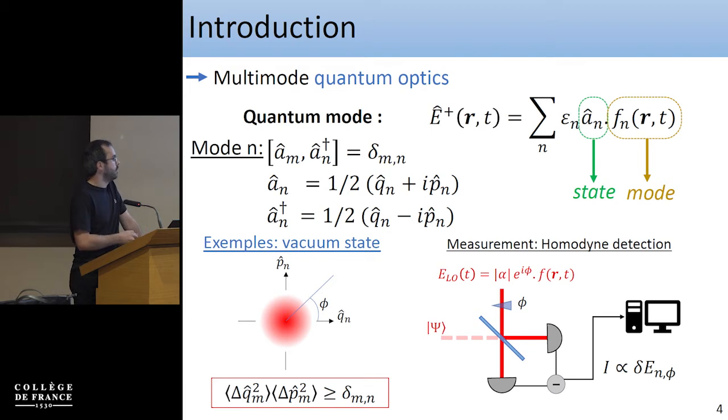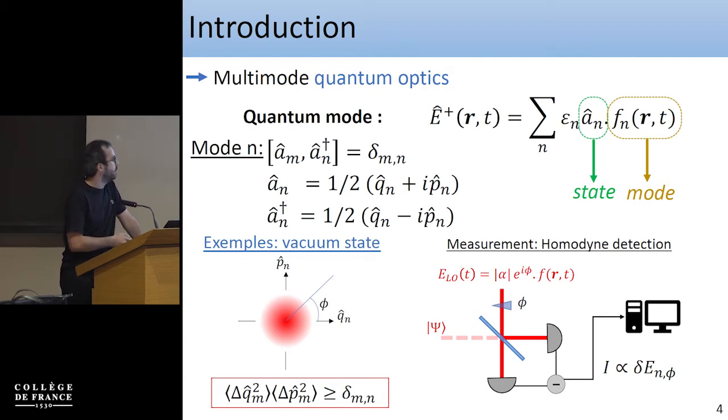After, we collect the light with a photodiode, and if we do the math, what we will see is that the current here is proportional to the fluctuation of the field of my state.